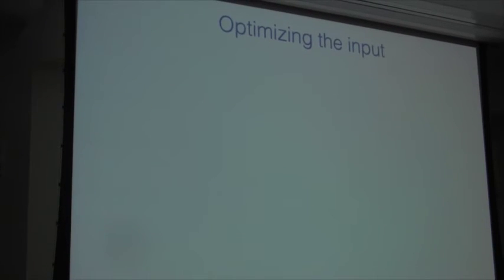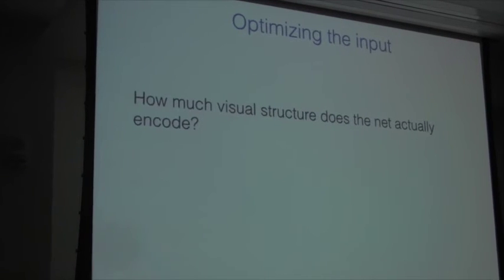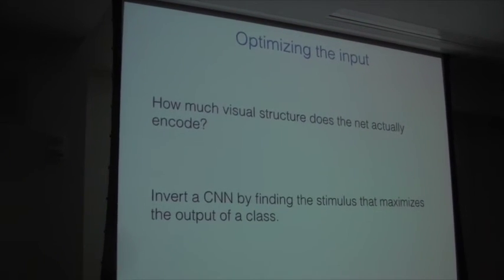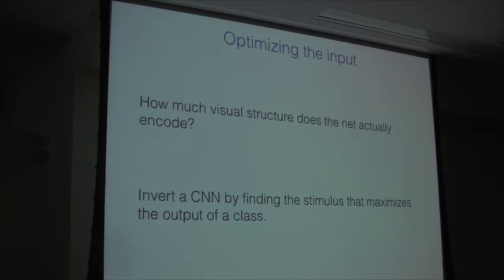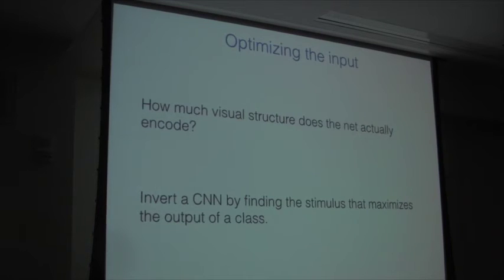One way to start to understand how much information the network encodes about the actual geometry and visual structure is to try to directly invert the network by finding the stimulus, in this case the image, that maximizes the output of a particular class.